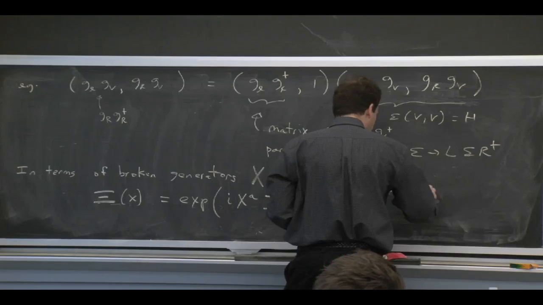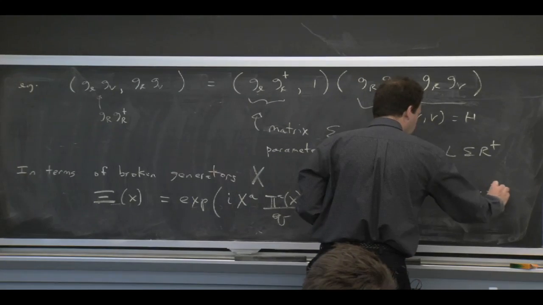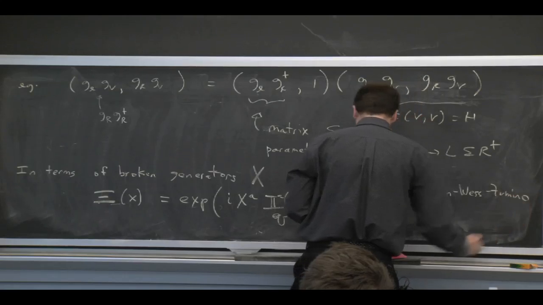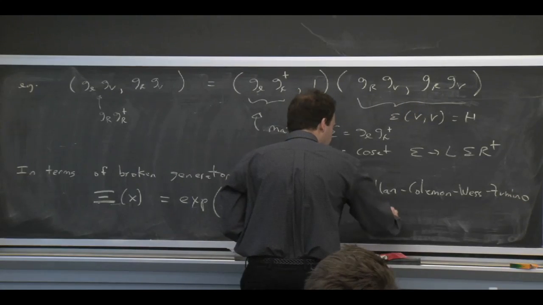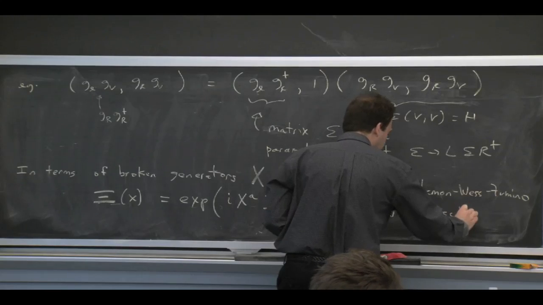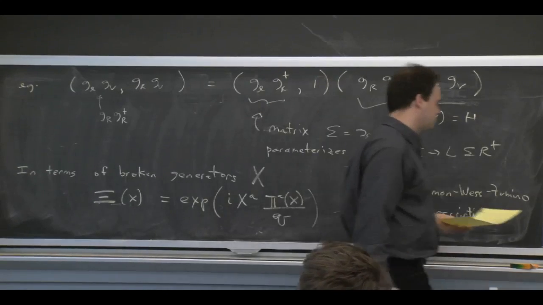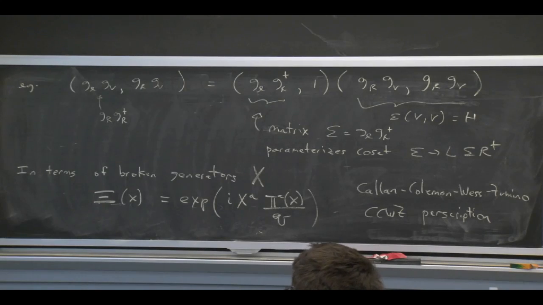And this is due to Callan, Coleman, Wess, and Zumino. So it's the CCWZ prescription for parameterizing the coset. And the point of their prescription is that you have choices here for how you represent the broken generators.